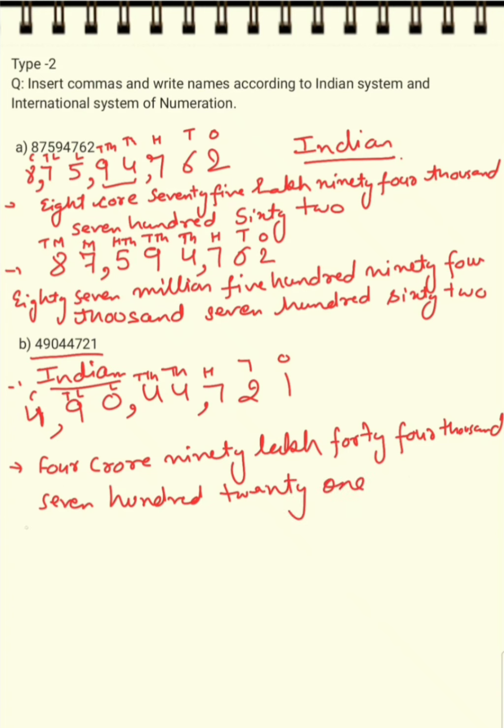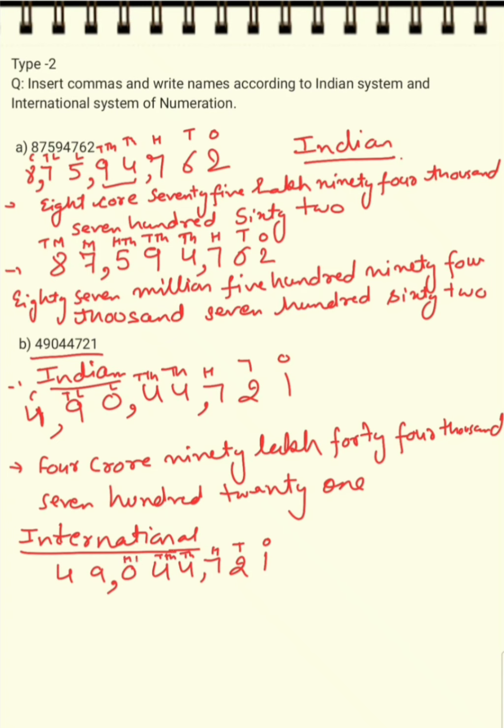Correct? And now we'll write according to the international system of numeration. How will we write? First let me write the number here: 49044721. So the first comma will come here and after the next 3 digits the second comma will come. How to write this number? Same, first write the place values. This is 100, this is 1000, this is 10,000, this is 100,000, this is million, and this is 10 millions.